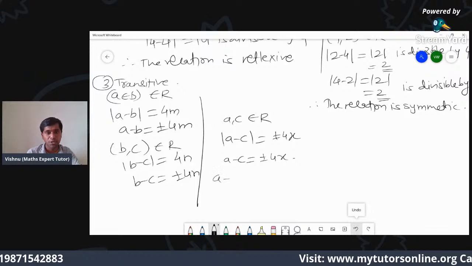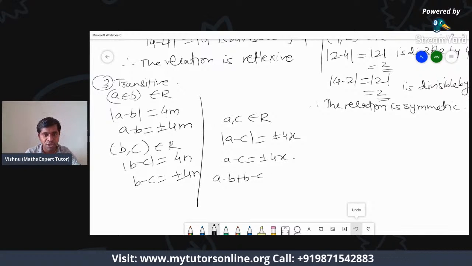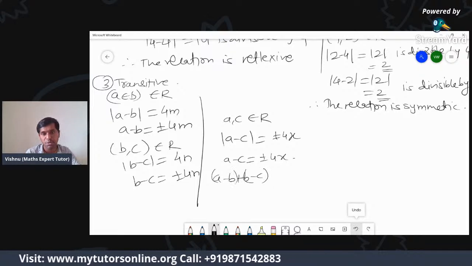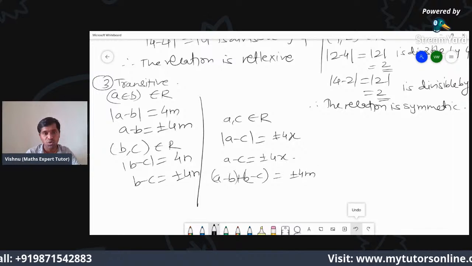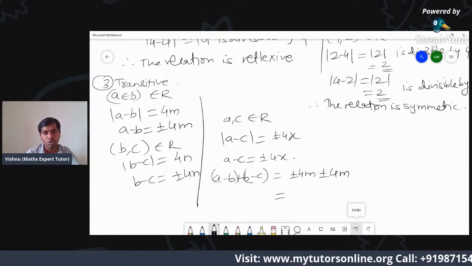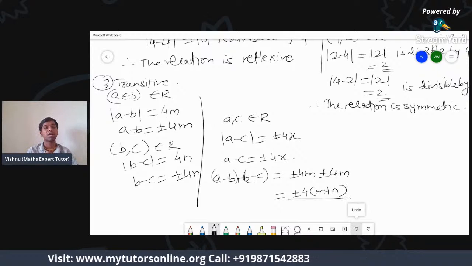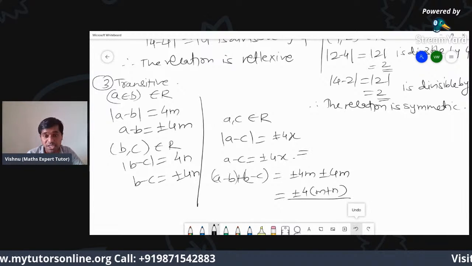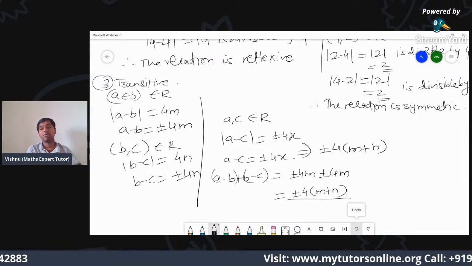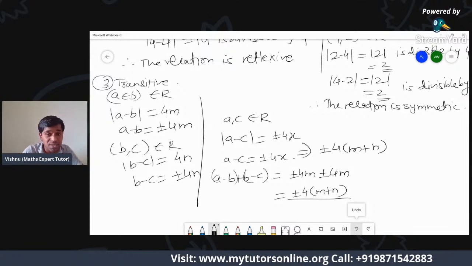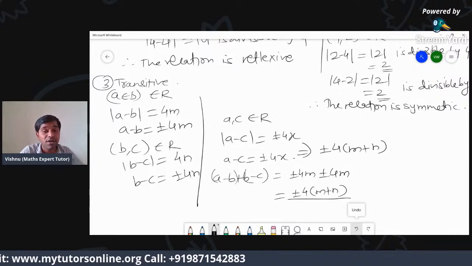So A minus B plus B minus C, please see carefully. The value of this can be plus or minus 4m plus or minus 4n, which means m plus n. So this also is a multiple of 4. So this can also be written as plus or minus 4 times m plus n, which means A minus C is also coming out to be a multiple of 4.